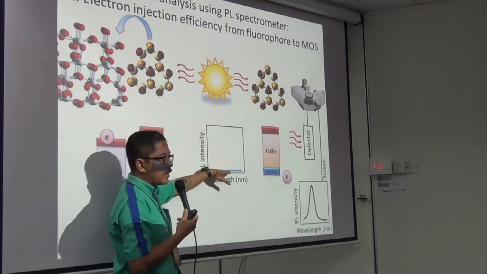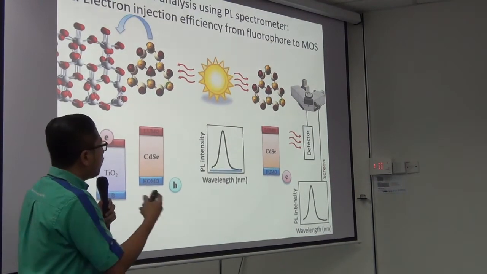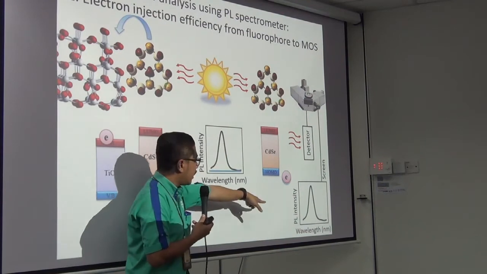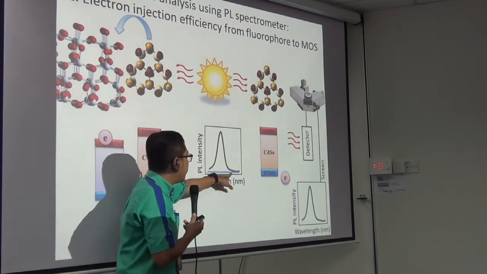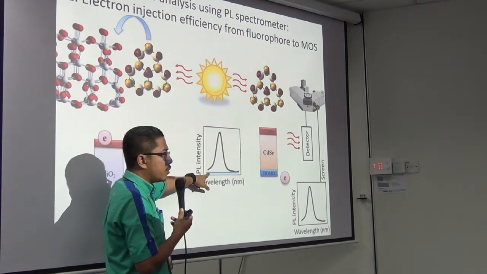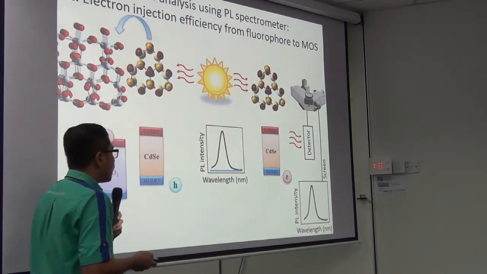We get a flat line. So if we compare the graph of the bare quantum dots with the graph of the quantum dots and MOS conjugate, we could calculate the efficiency of electron injection.